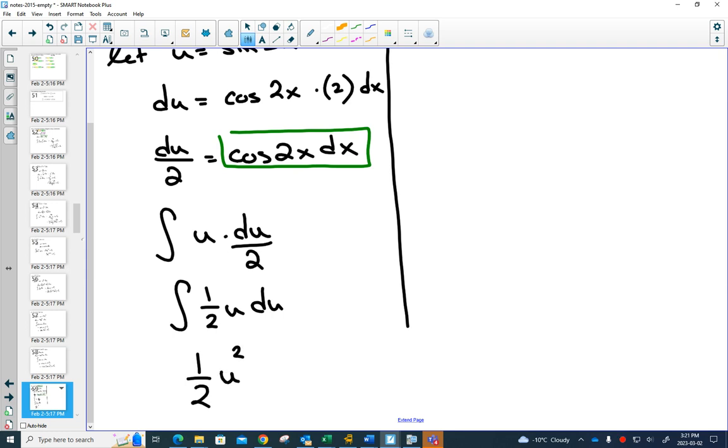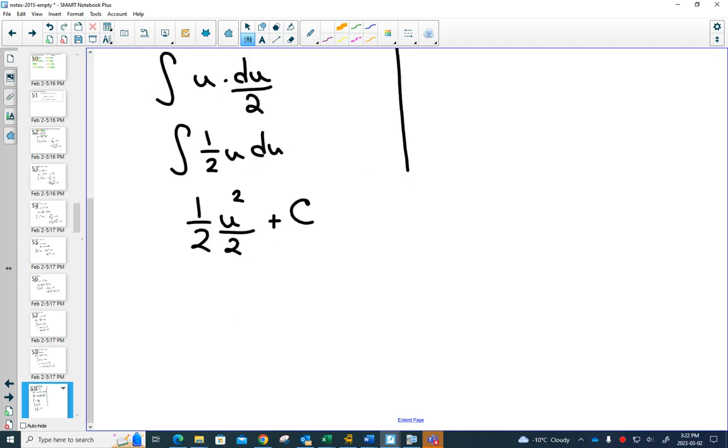We would add 1 to the exponent and divide by 2. Plus c. So we will get 1/4 sine squared x plus c. Method 1.